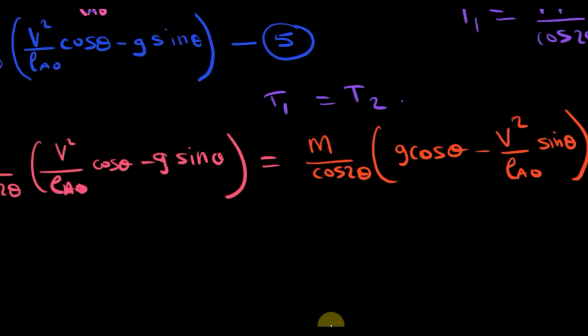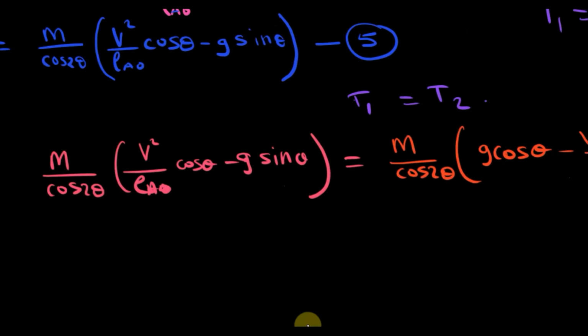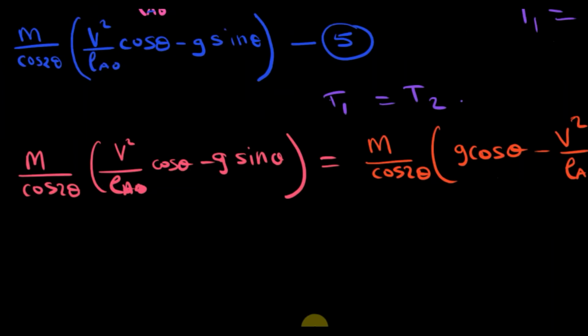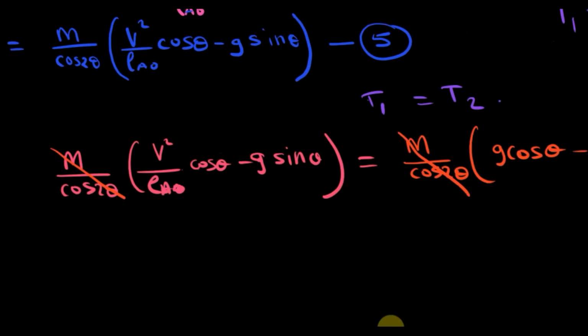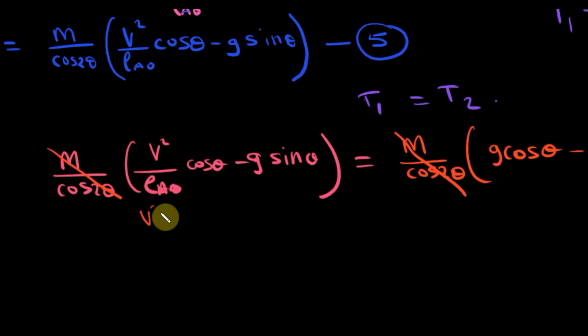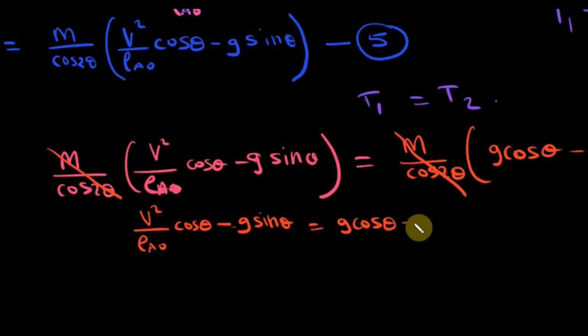Right. Okay, from here you can already see that this one and that one are the same, therefore they cancel out. And that leaves me with just v squared over LAO cos theta minus g sin theta, which is equal to g cos theta minus v squared over LAO sin theta.